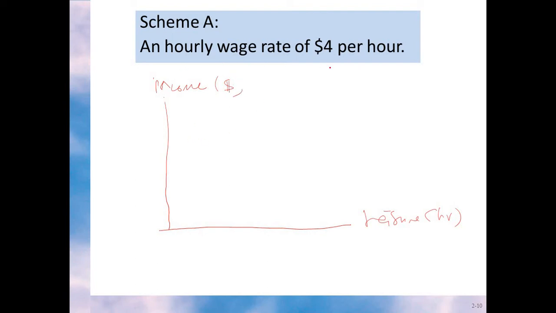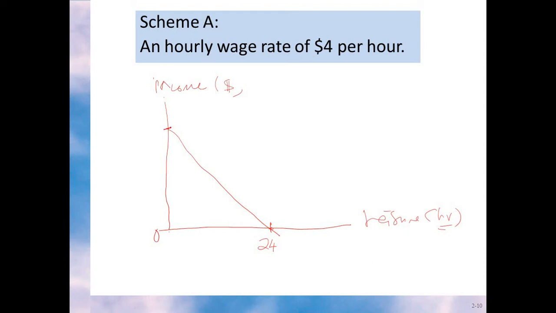So an hourly wage rate of $4 per hour, meaning if we draw the earning line here, remember that the value on this axis must be 24, because this is hours per day. This is if you take 24 hours on leisure, no working, so no income.